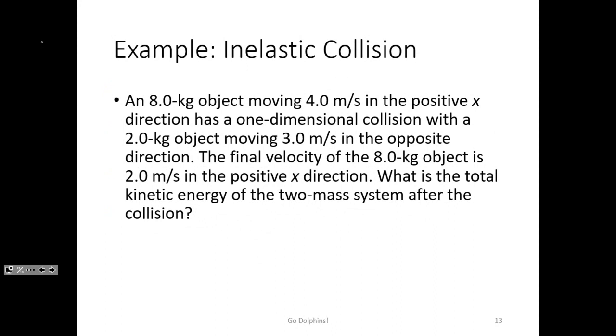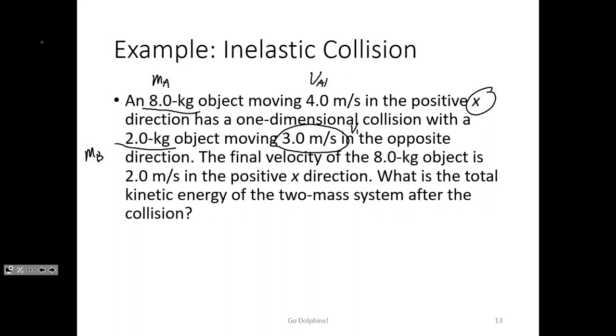We have an 8 kilogram object moving 4 meters per second in the positive x direction. Let's call this one MA, with initial velocity VA1. And then I have a 2 kilogram object, let me call it MB, moving 3 meters per second in the negative x direction.